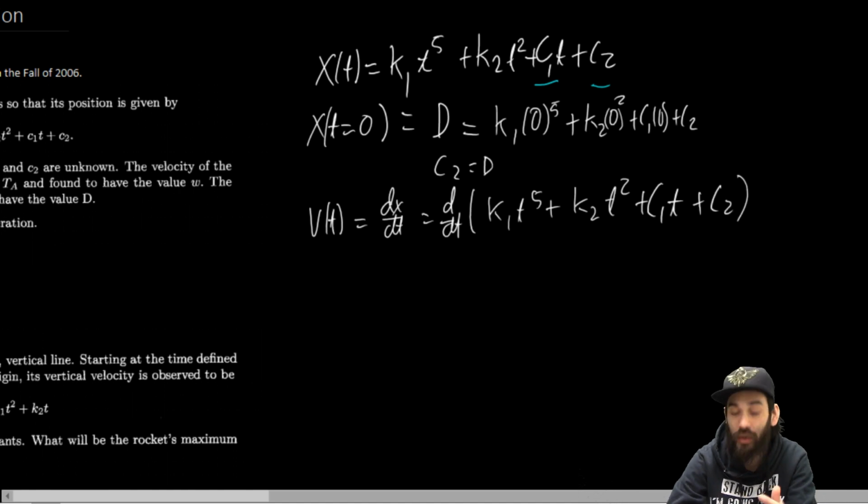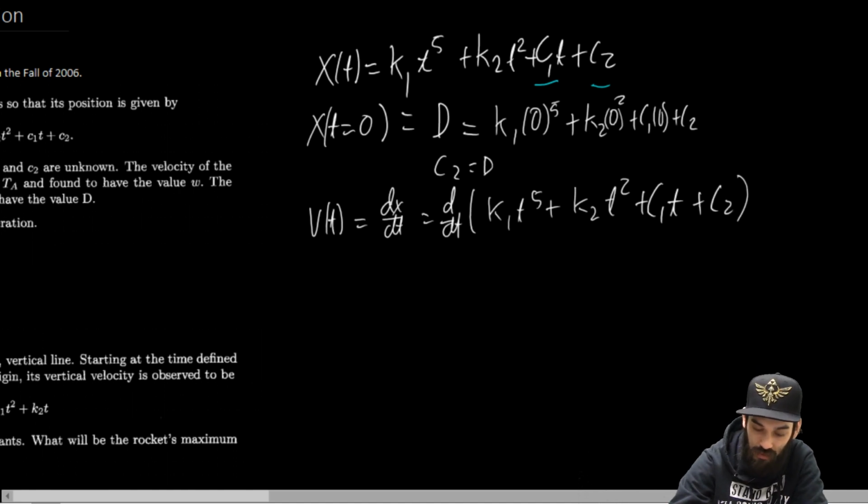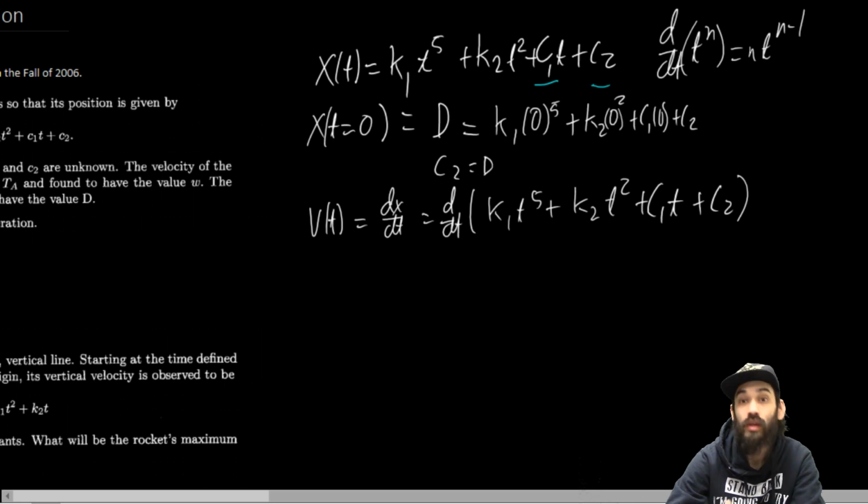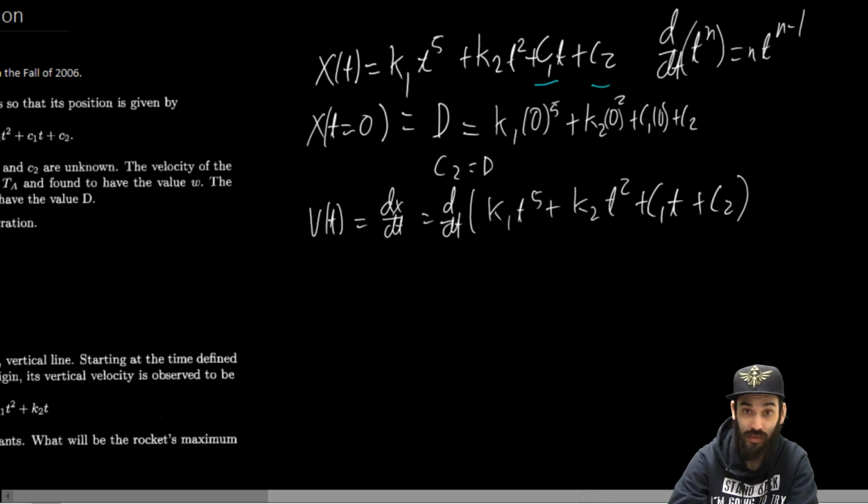And so all we need to do is apply our derivative formula for powers, and that's to say that the derivative with respect to time of t to the n is going to be equal to n times t to the n minus 1. And we also know that the derivative of the sum is equal to the sum of the derivatives, and so that means that we're going to apply this derivative term by term.